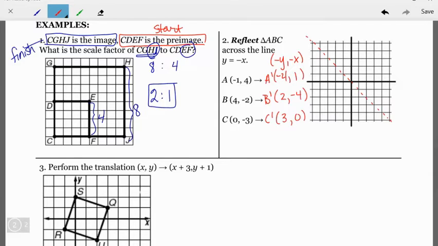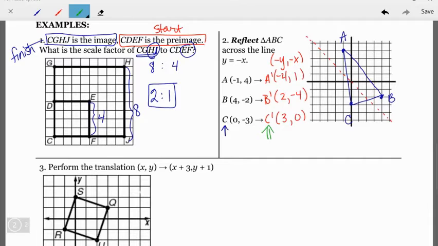So let's graph the two and see what it looks like. Okay, original I'm going to do in blue. So we had a negative 1, 4 as our A, 4, negative 2 as our B, and 0, negative 3 as our C. So when I do my new reflection, that means I'm going to have kind of another one of these butterfly figures. Okay, I'm going to do this one in green.